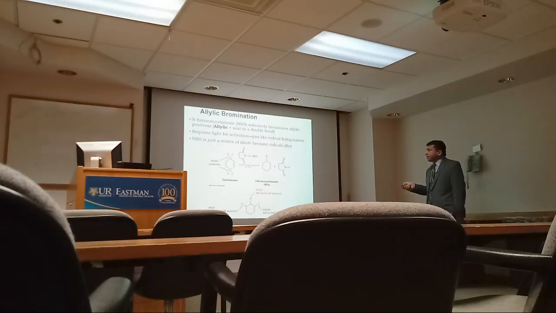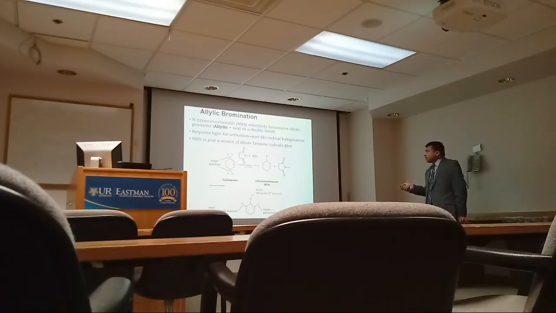For example, in case of chlorine, that would be chlorination. In case of bromine, that would be bromination. So this reagent, N-bromosuccinimide, has a bromine group here in its composition.